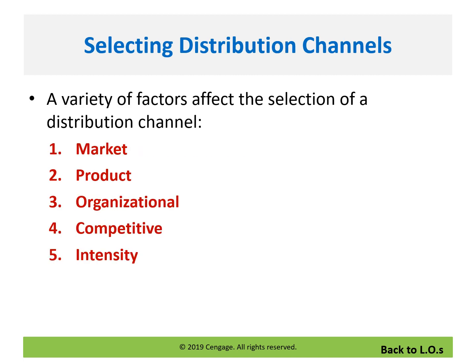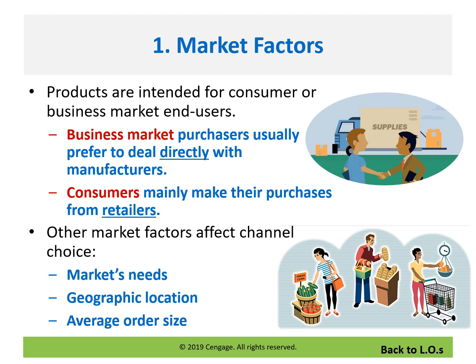There are a variety of factors which affect the selection of a distribution channel, namely market, product, organizational, competitive, and intensity. First, market factors. Products are intended for either consumer or business market end users.